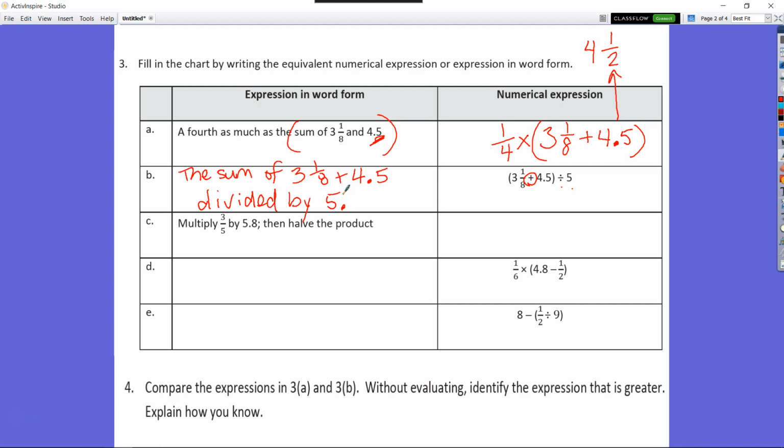All right, now for C, it says multiply 3/5 by 5 and 8/10, then half of the product. There are a couple ways we can write that.